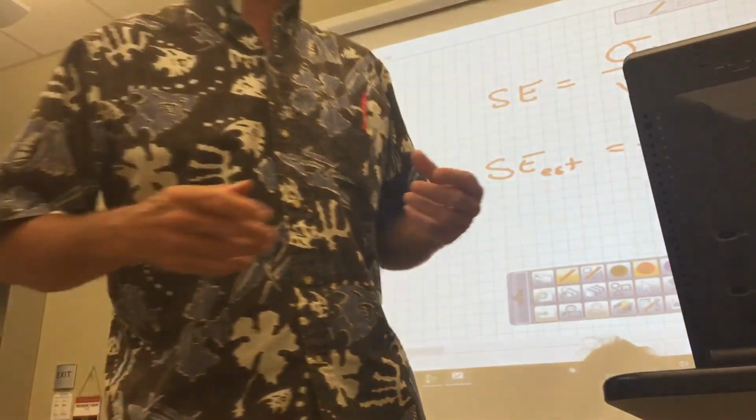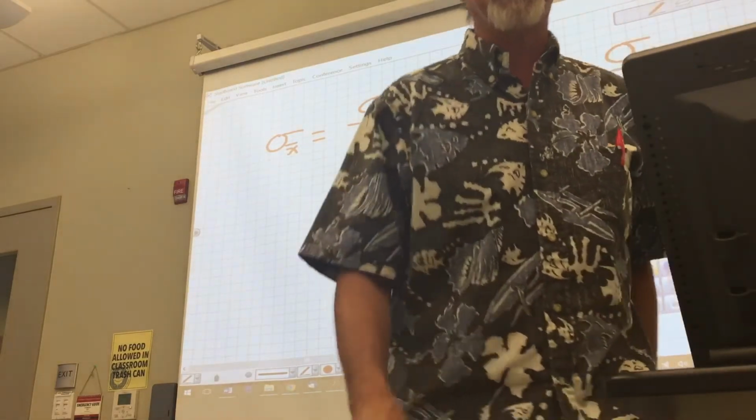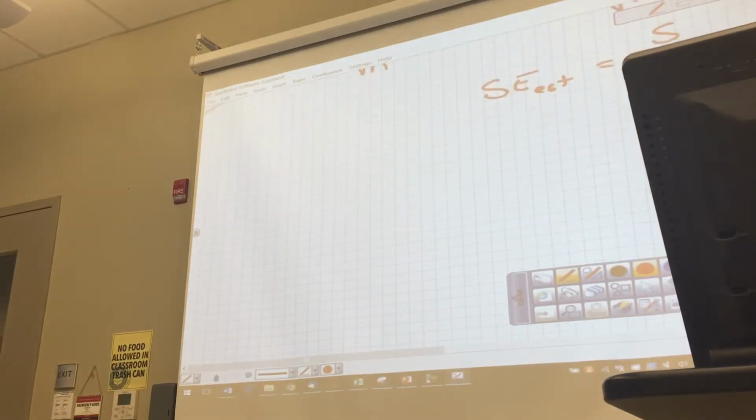So the only big difference is here we looked up a Z value. When we don't know sigma, we use s as a substitute, and we use a T table.